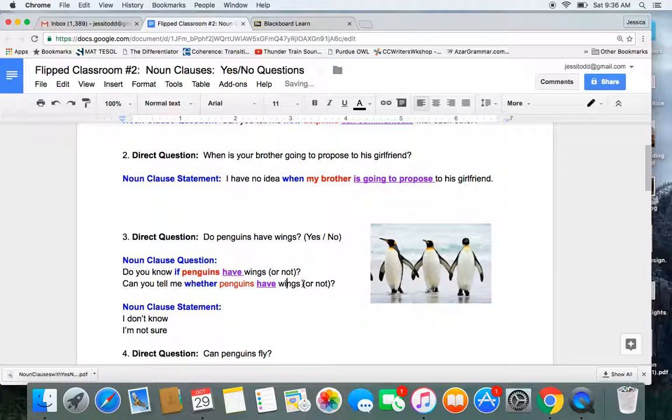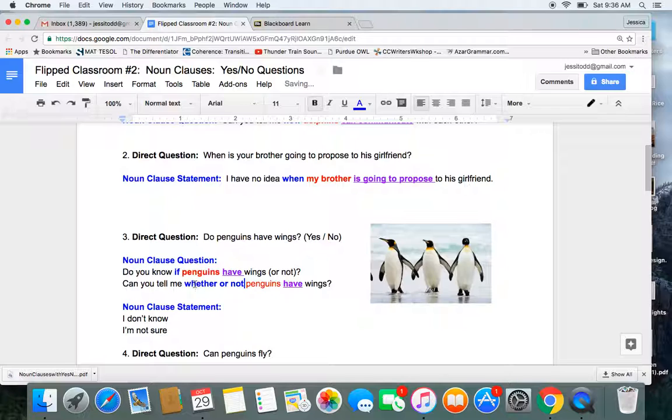Okay. Notice that in both situations, we can add or not, but we don't have to. We can also take that out and say, can you tell me whether penguins have wings? Or we could say, can you tell me if penguins have wings? Okay, so the or not is optional.